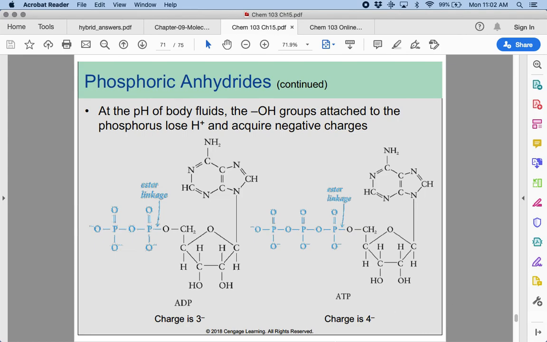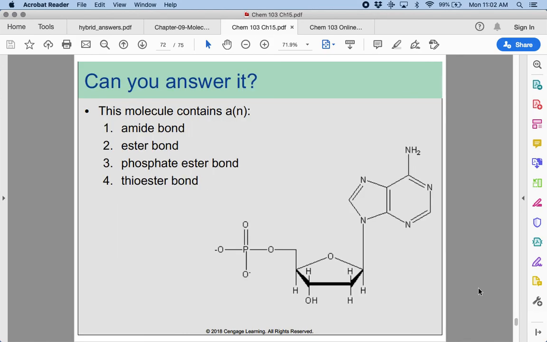Again, like we said, ADP, ATP, this is a part of energy and how we as people create energy and store energy in our bodies, and it's through phosphate group esters. And so we'll talk about this in more detail as we get going.